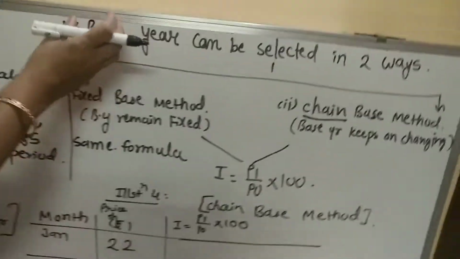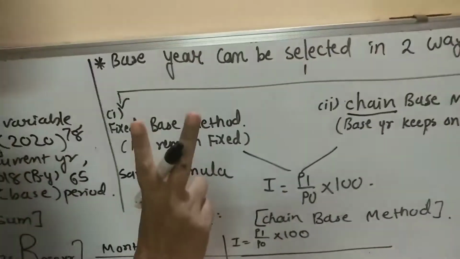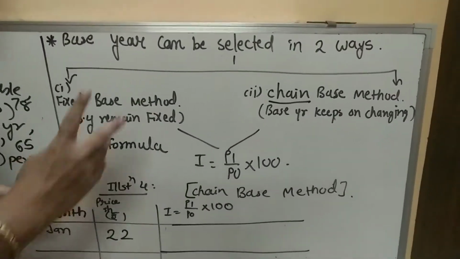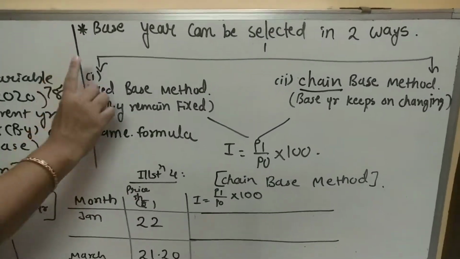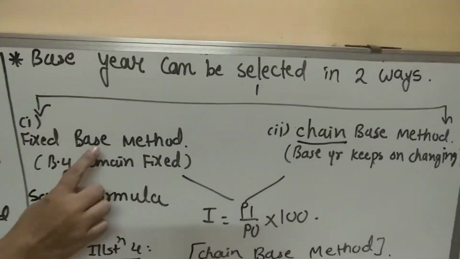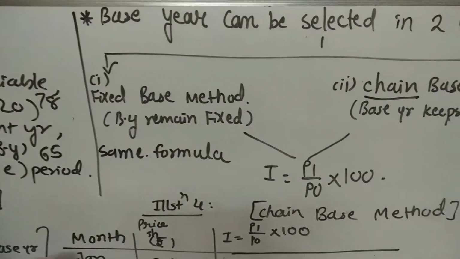Now we are going to continue. The base year can be selected in two ways. If I want to solve the sum of index number, I would have two methods. Number 1, fixed base method, where the base year always remains fixed, which is done right now as per illustration 1.